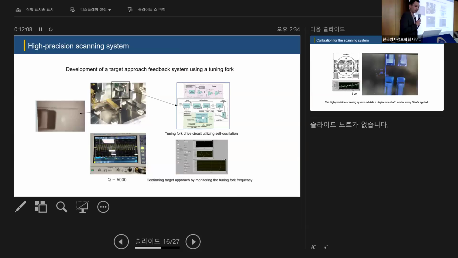Then we also built a scanning system, a target approaching system. We built it using this tuning fork, which is driven by a self-oscillating circuit. So by monitoring the shift of the resonance frequency of the tuning fork, we can determine when the target makes contact with the diamond surface.